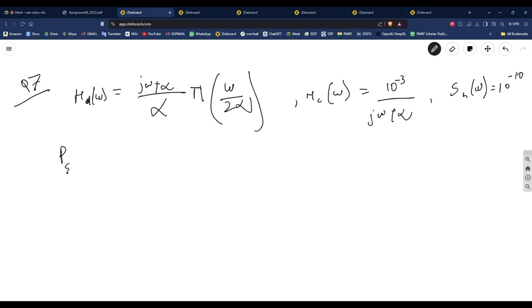So Ps out will be mod ht omega square into mod hc omega square into Ps in.